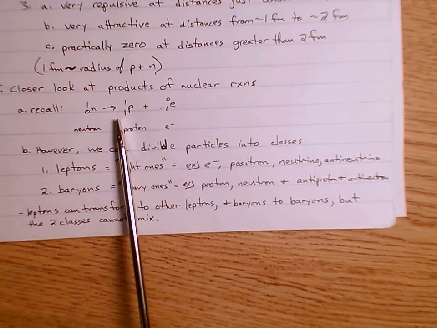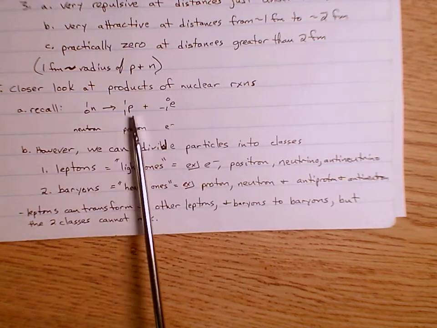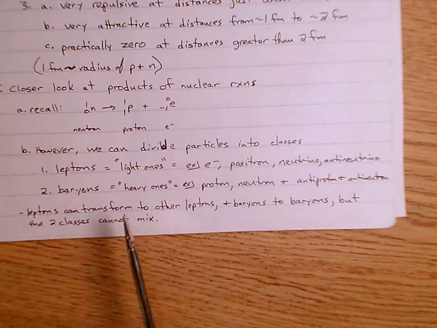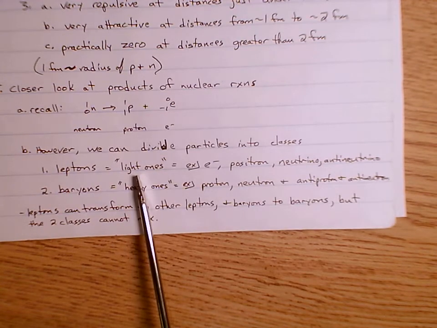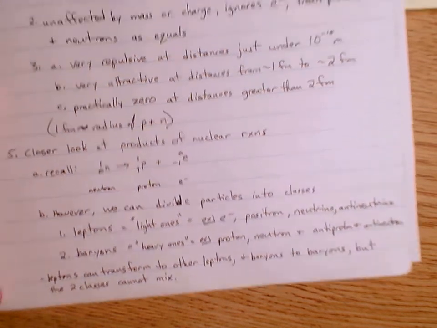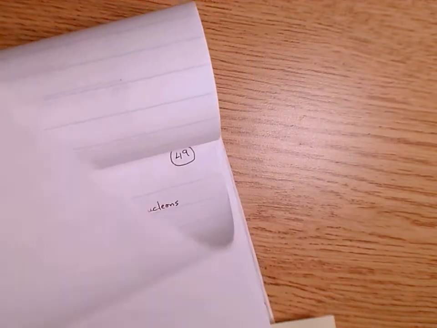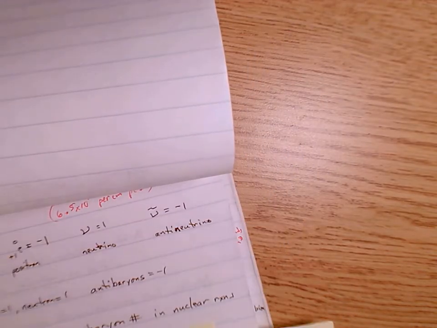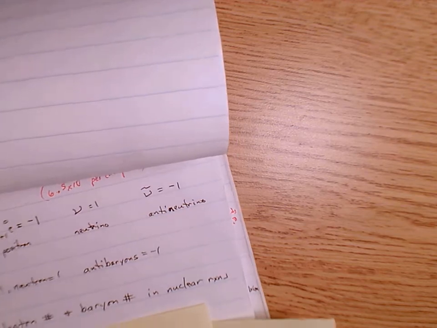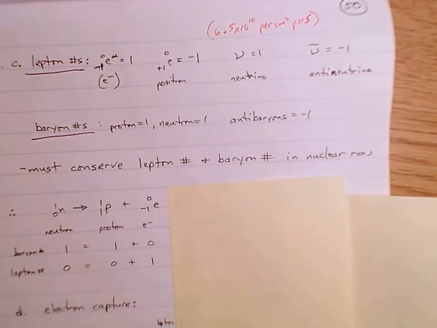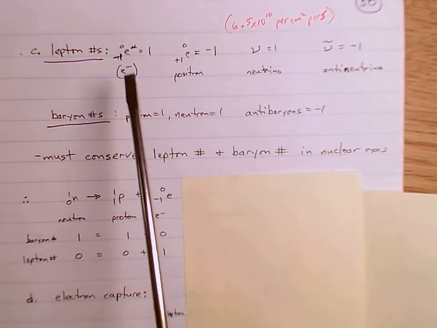Well, we see that up here. Protons can turn into neutrons and vice versa, but the baryons cannot convert into leptons. What this means then is when we are balancing these equations, we really need to keep track of the lepton number and the baryon number.